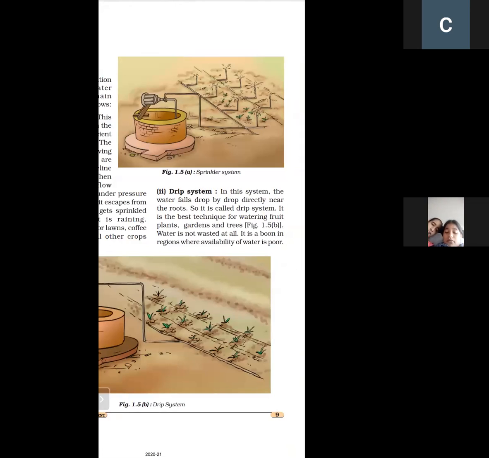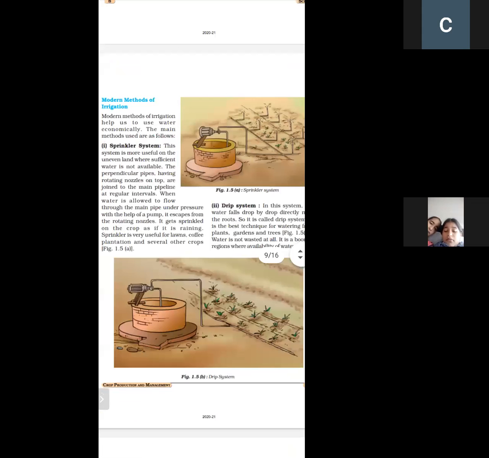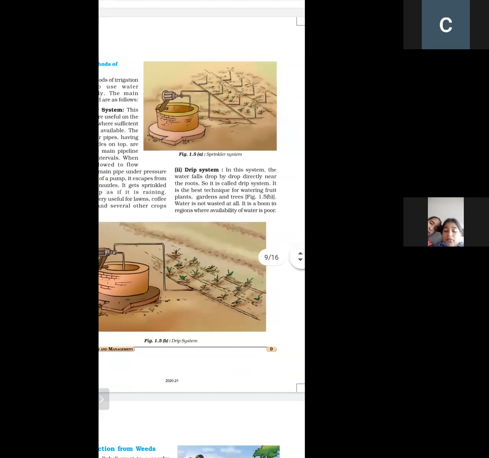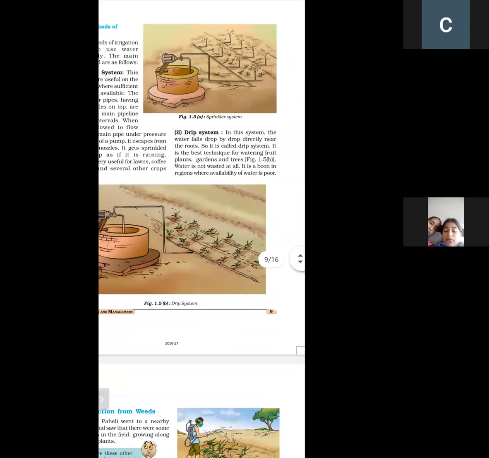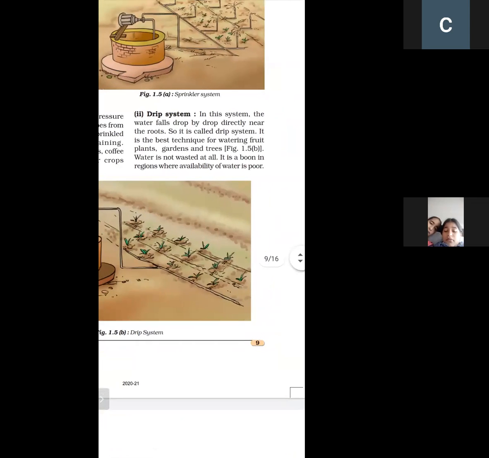The sprinkler system looks like a fountain, and in the drip system water is given to the plants drop by drop, and it saves water. The second benefit of drip irrigation is that it waters the plants at the base of the roots.